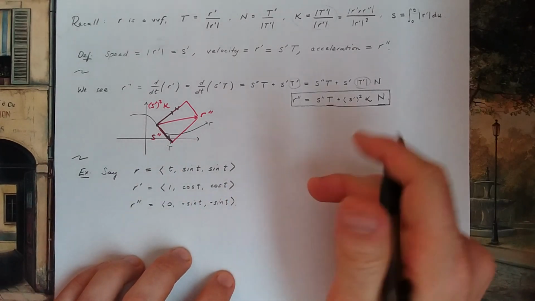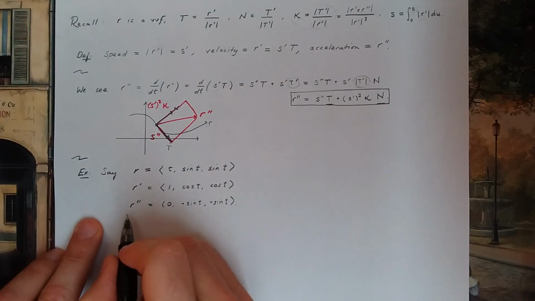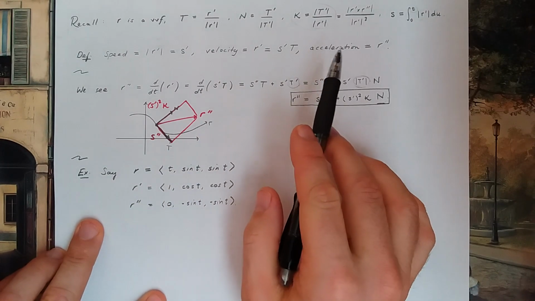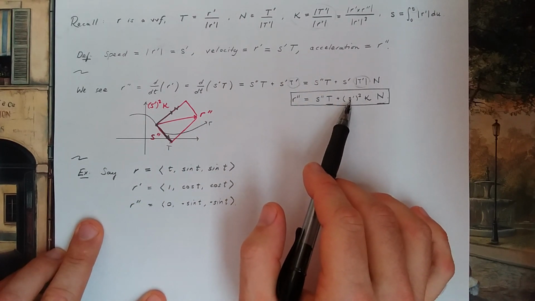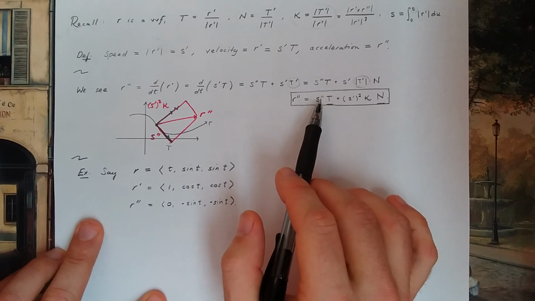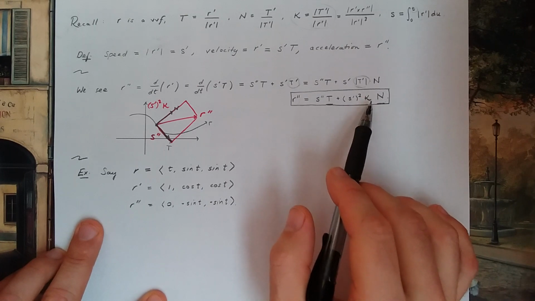So I have the acceleration. I'd like to write the acceleration in this form. So I'm going to find the speed, s prime. I'm going to find the derivative of the speed, and I'm going to find the curvature.